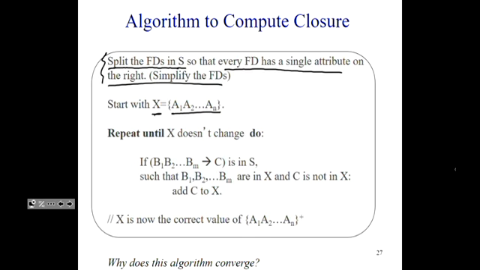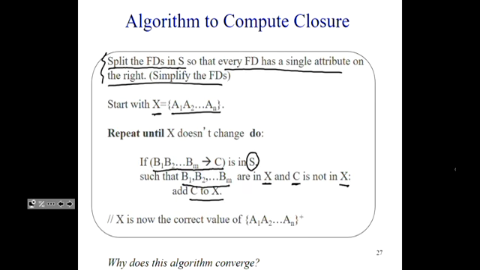You repeat the following. If B1 through Bm implies C is in this set S of functional dependencies, such that B1 through Bm is in X and C is not in X, then you add C to X. Okay?